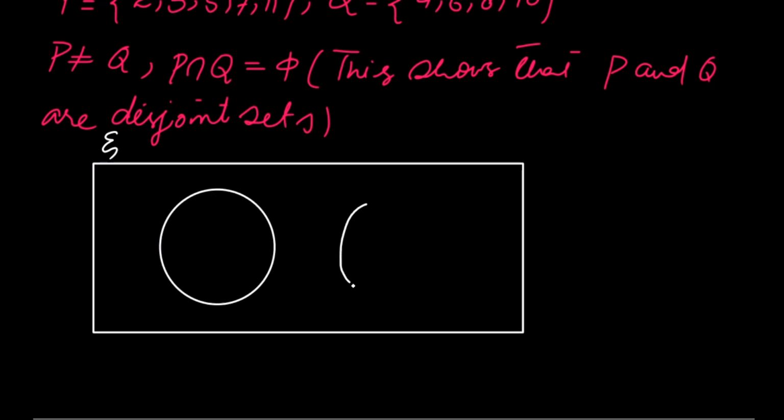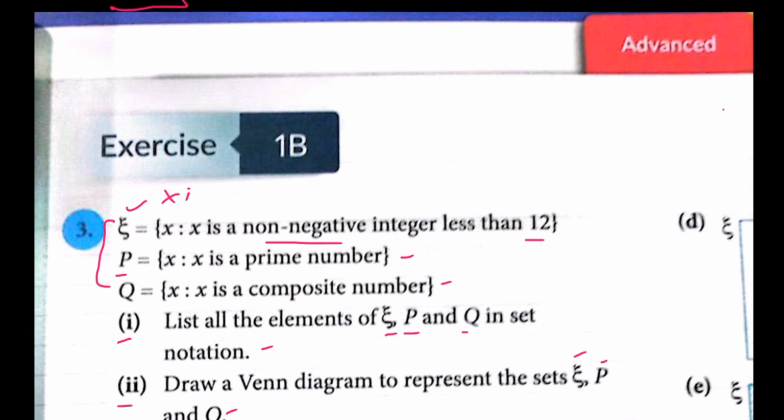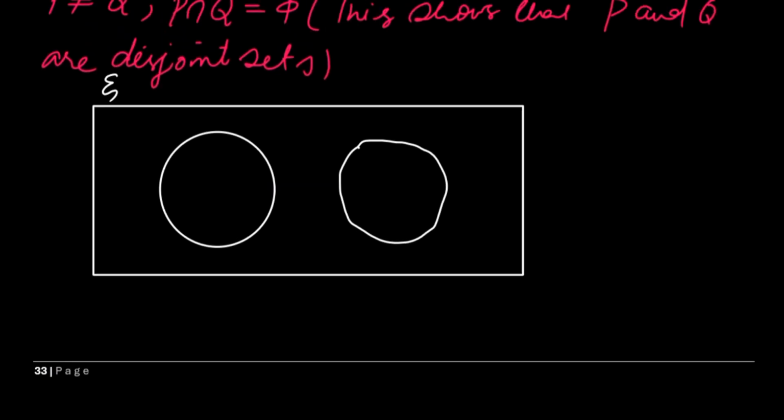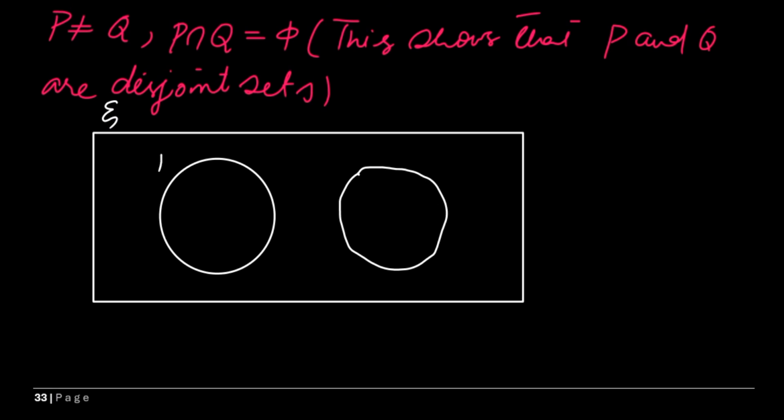So the first circle is set P, and this is my second circle, Q. Okay, this is P and this is Q.